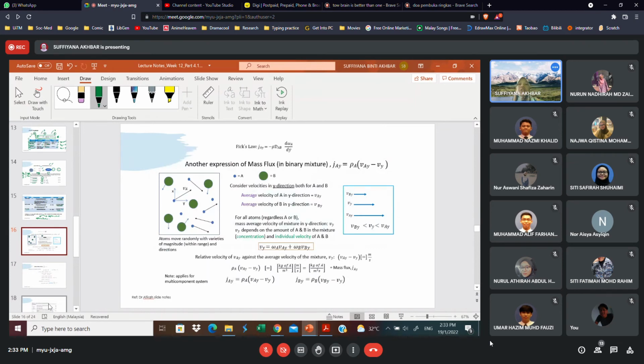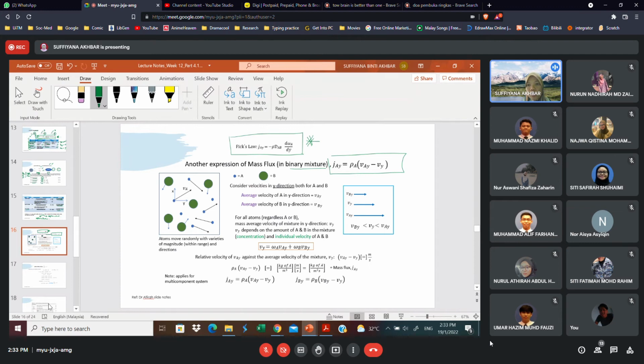Okay, so now we have learned about Fick's law. This is Fick's law. Besides Fick's law, there is another expression of the mass flux for the binary mixture, which is j_Ay equals rho_A in brackets the difference between the average velocity of A in the y direction minus the mass average velocity of the mixture.